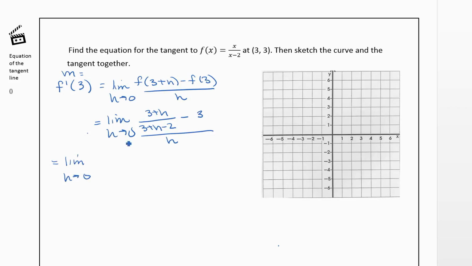So in our fraction, we can do 3 plus h over 1 plus h, 3 minus 2 minus 3, all over h. Now to combine our numerator, we need to make a common denominator. So we're going to have to multiply 3 by 1 plus h over 1 plus h.